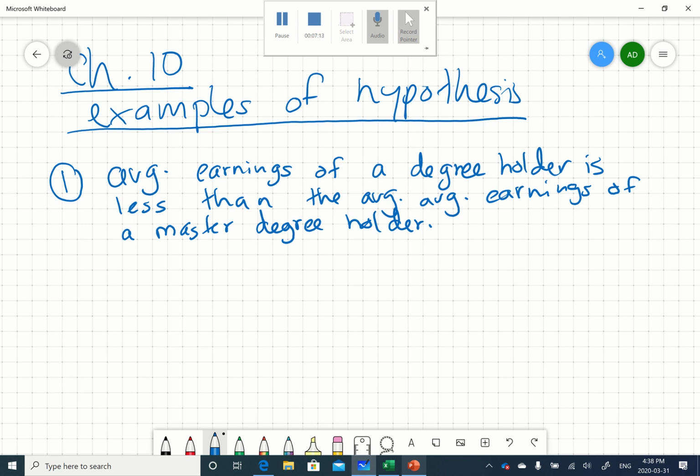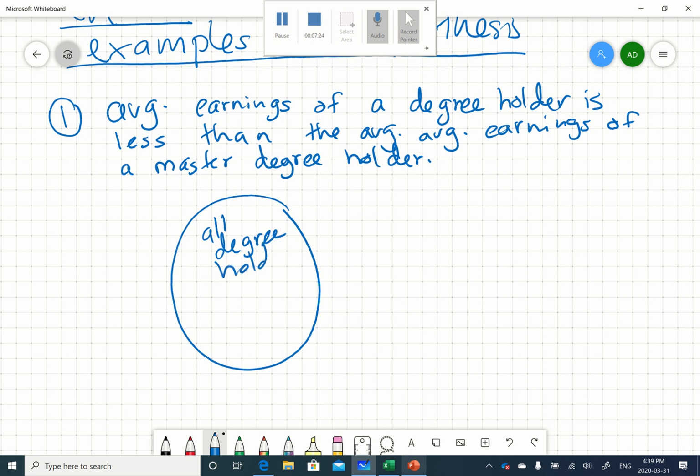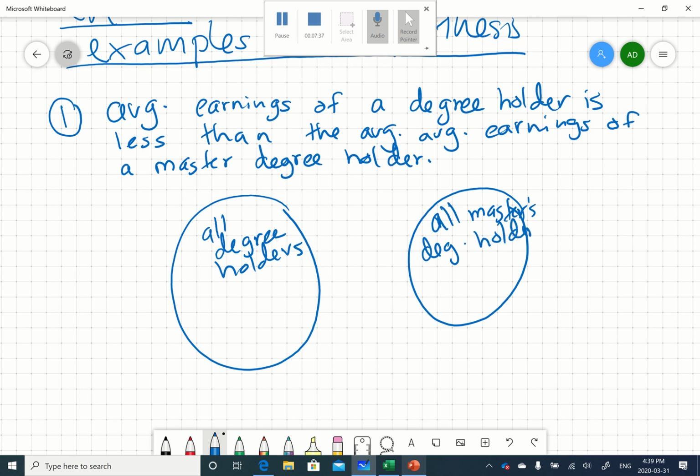Now we have two populations: all degree holders in one group, and all master degree holders in the other group. So we are basically comparing two populations, or you can say we are comparing two population means.